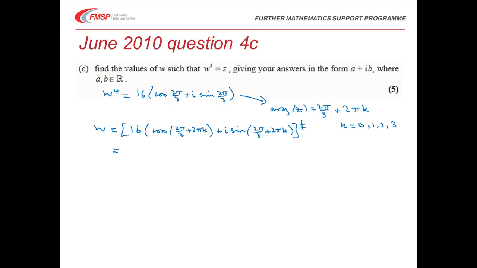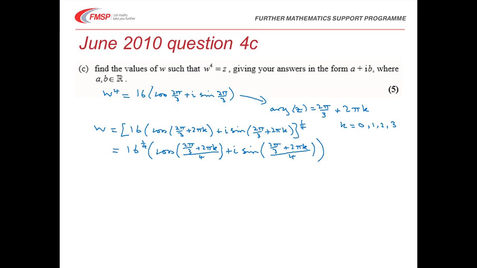So de Moivre's theorem tells me that this will be 16 to the power 1/4 cos((2 pi by 3 plus 2 pi k) all over 4), and there's de Moivre's theorem being used, plus i sin((2 pi by 3 plus 2 pi k) all over 4).